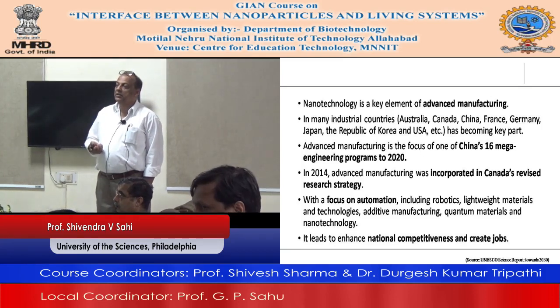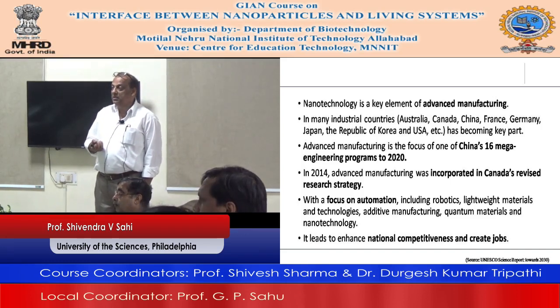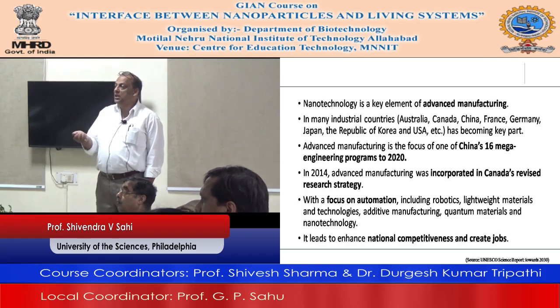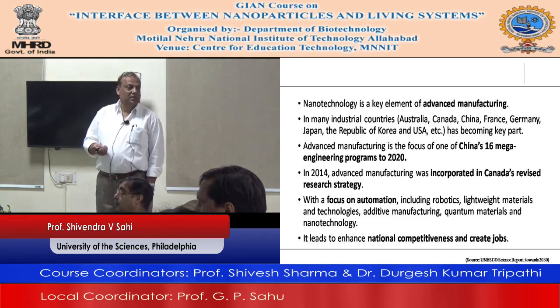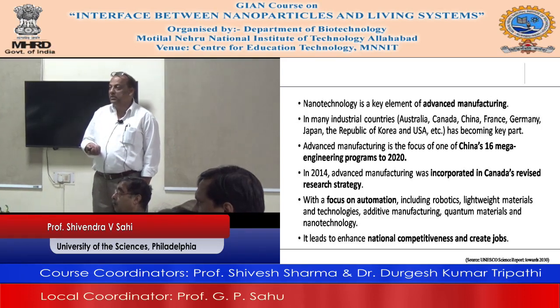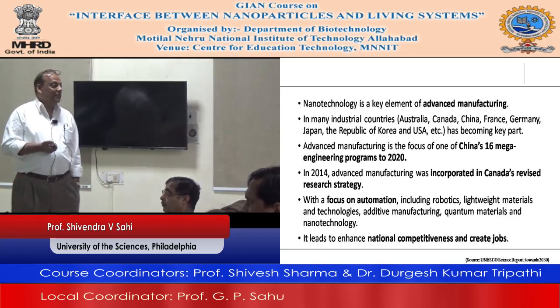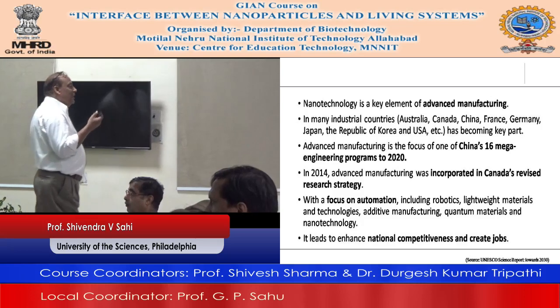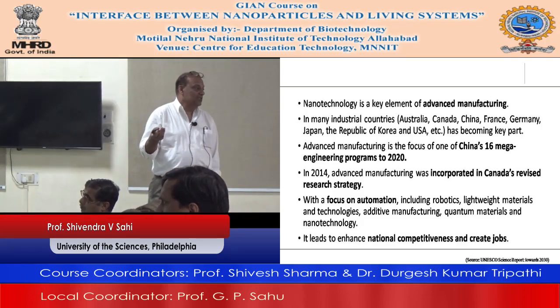The focus is on automation using nanotechnology, including robotics, lightweight materials, additive manufacturing, quantum materials, etc. Because, as we see, there will be a lot more jobs in the future in nanoscience.